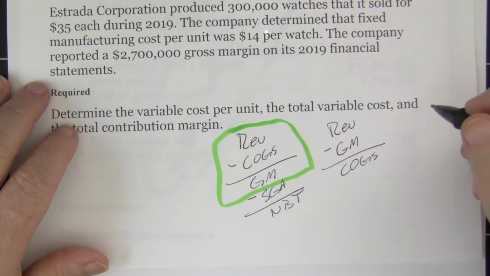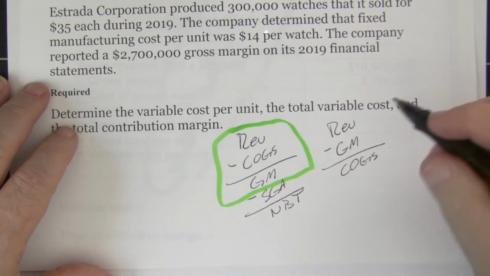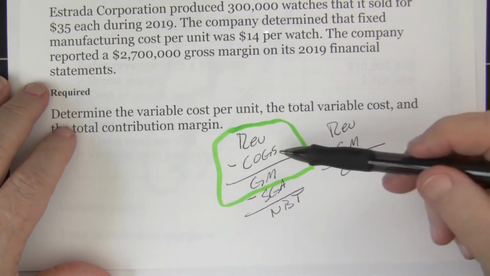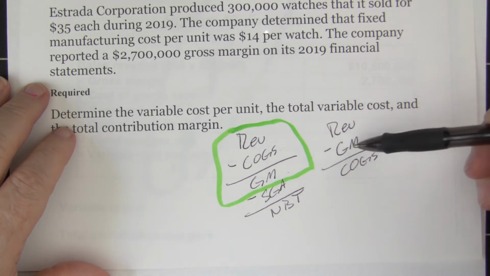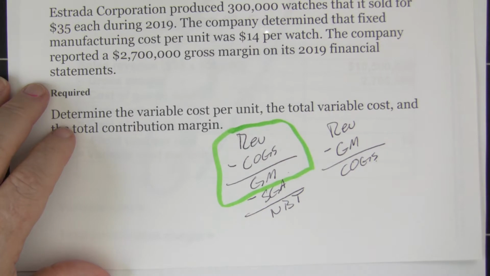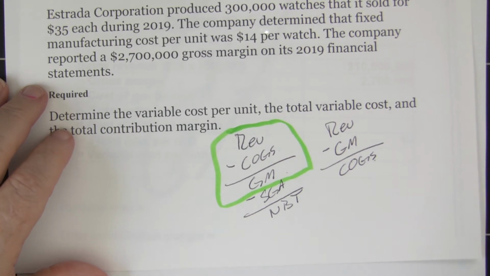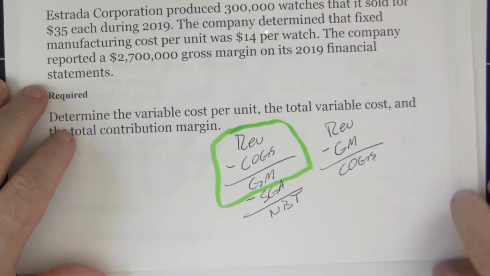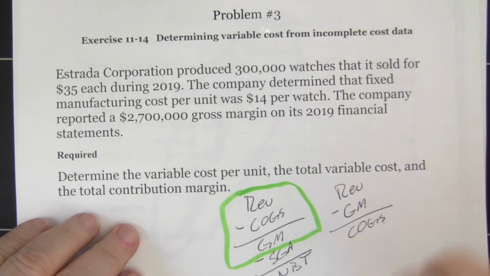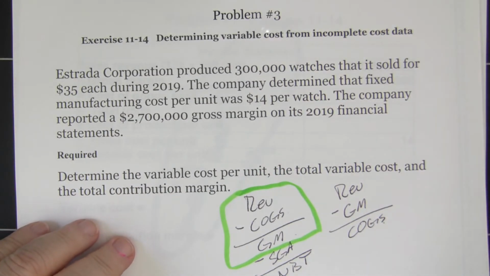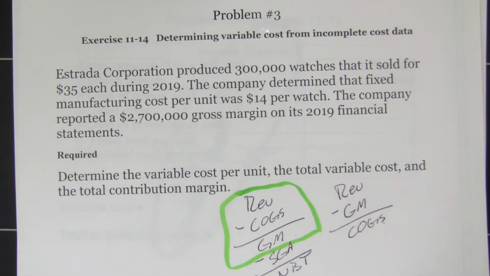Okay? Because remember, revenue minus cost of goods sold is gross margin. Therefore, revenue minus gross margin has to equal cost of goods sold. So, they tell us that this company produced 300,000 watches, and I'll outline the facts in blue.